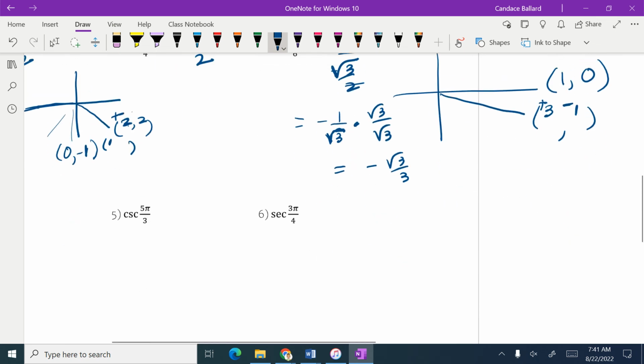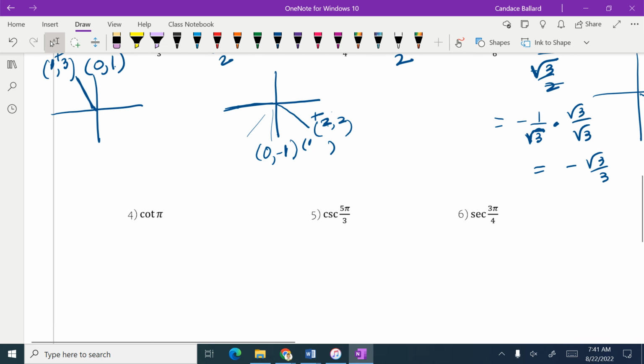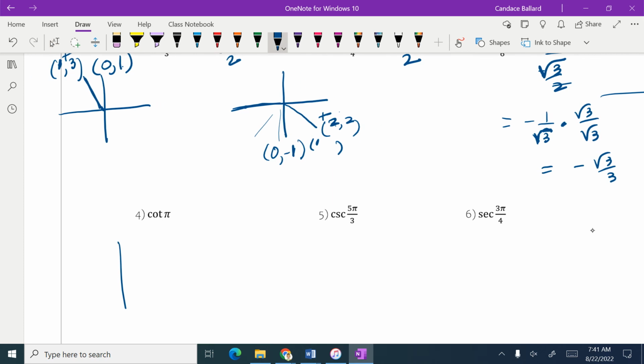Okay. All right. So we're going to look at cotangent of pi. Cotangent of pi is nice, isn't it? It's a quadrantal angle. And I don't know why every single time, even if it's quadrantal, I have to draw the axis. It just is the way my brain works. Okay. What's the coordinate there? Out how many?